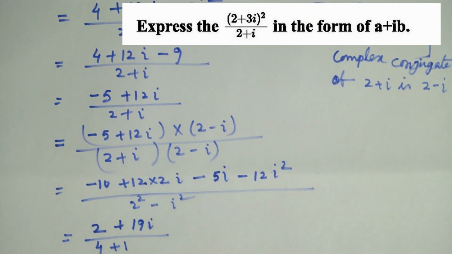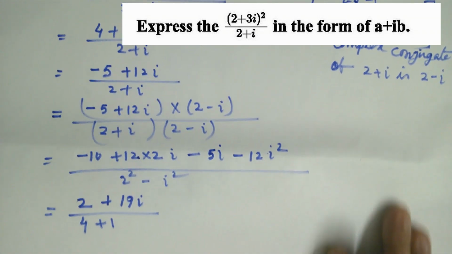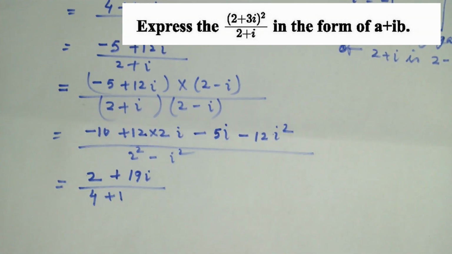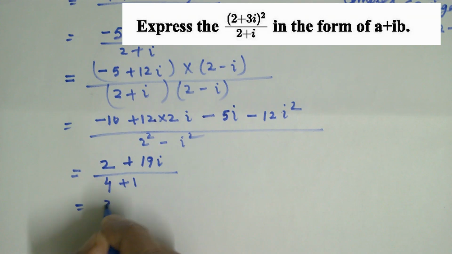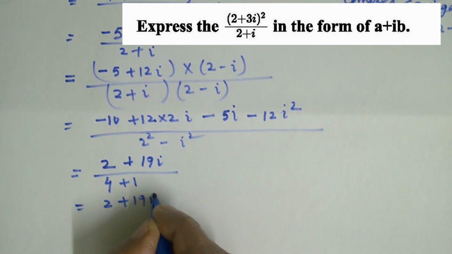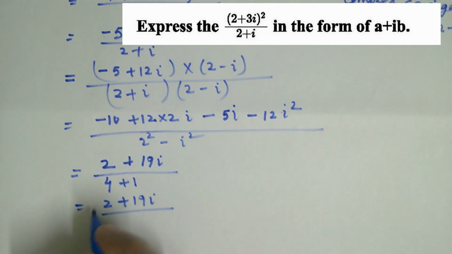So the next step, we have to write 2 plus 19i by 4 plus 1, that is 5.